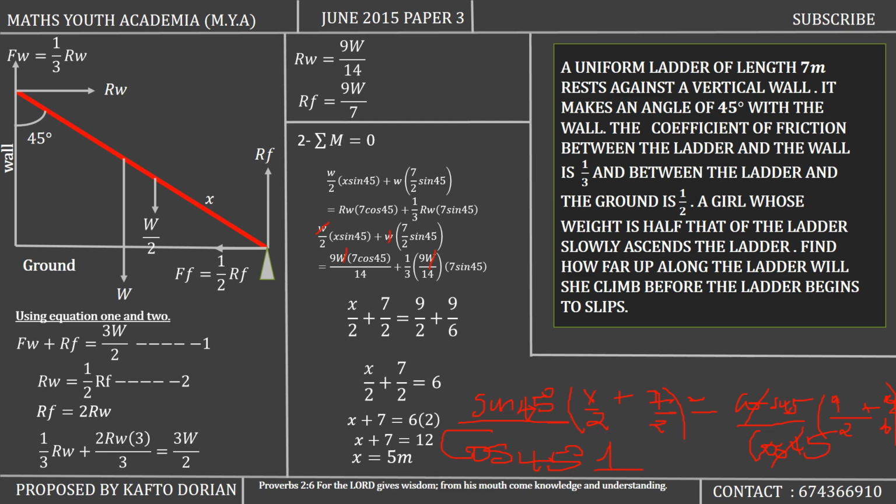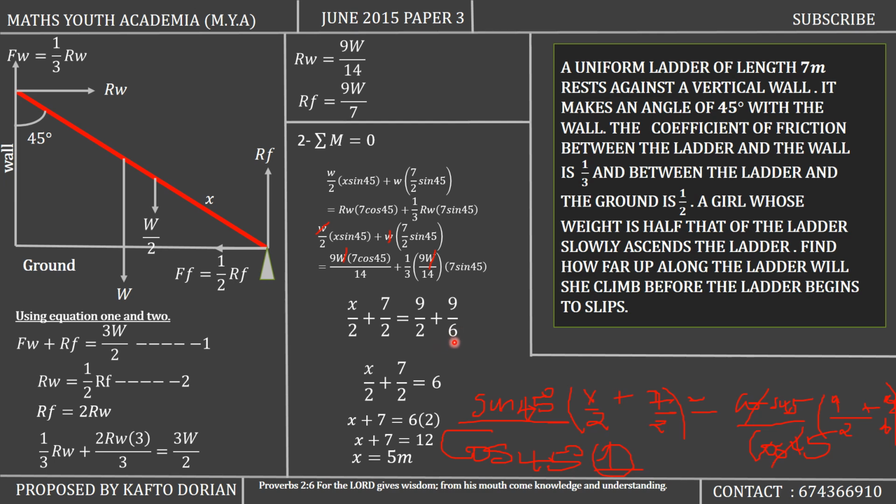So I will now be remaining with x on 2 plus 7 on 2 equals 9 on 2 plus 9 on 6.